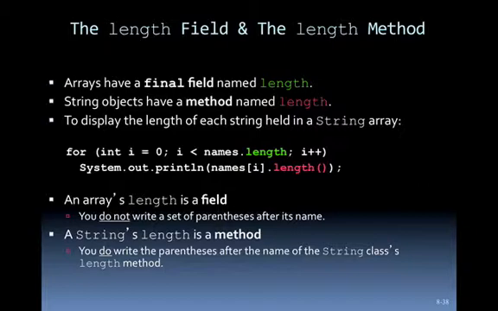It is a data member. So you're not going to have parentheses, whereas the string's length property, if you will, is actually a method. It's not a property, it's a method. The way to access the string's length is a method. So you're going to call the method with your parentheses.